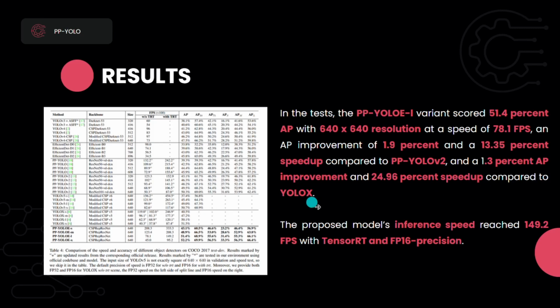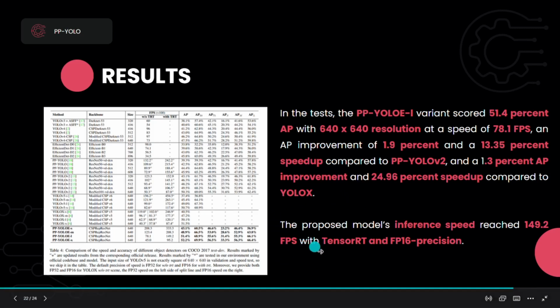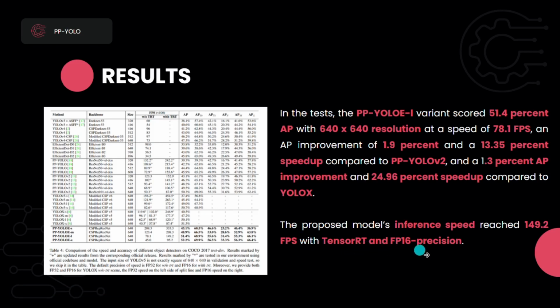So they proved that they had gained a performance improvement in terms of mean average precision, and the proposed model's inference speed reached around 149.2 frames per second with TensorRT FP16 precision. So they also got a speed up and also an improvement in terms of average precision.